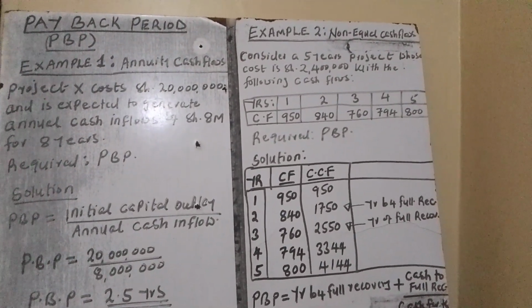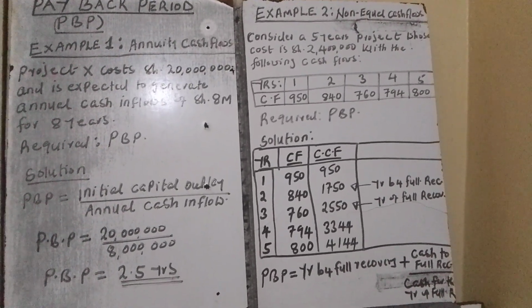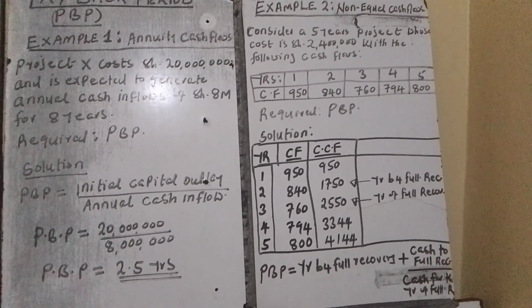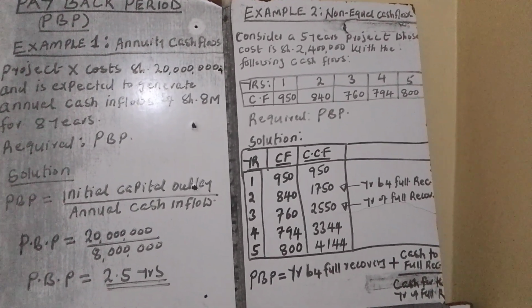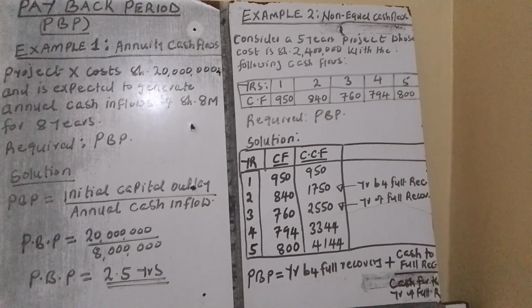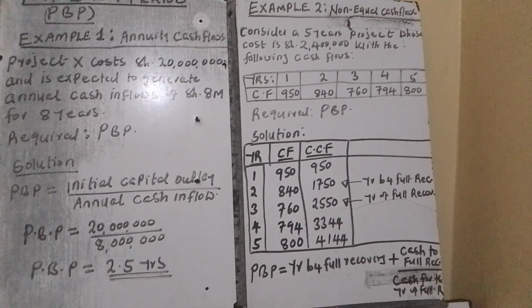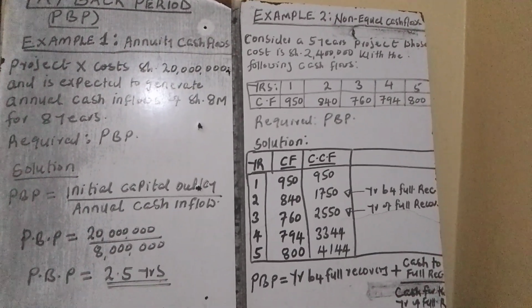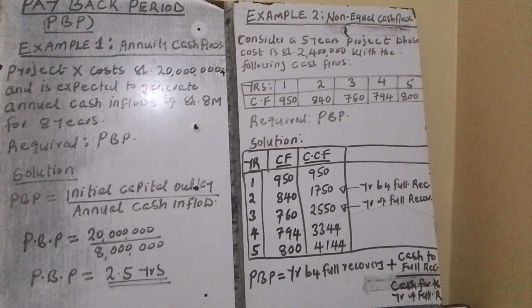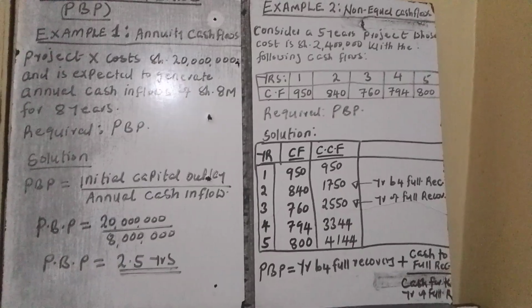Again, payback period is the time taken by a project to generate cash inflow equal to the initial capital outlay. Now, the challenge arises where the cash flows are irregular, not constant. If the cash flows are not constant, then the formula that we used in example 1 may not apply.